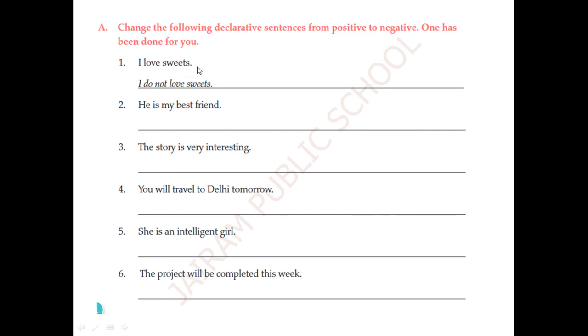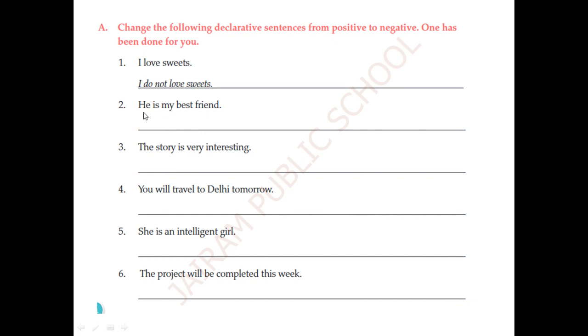When you find a positive sentence like this, we have to find the helping verb first, according to the status of the main verb, whether it is past or present, and then add not. So now this positive sentence turns to negative form: I do not love sweets. You can also write I don't love sweets.